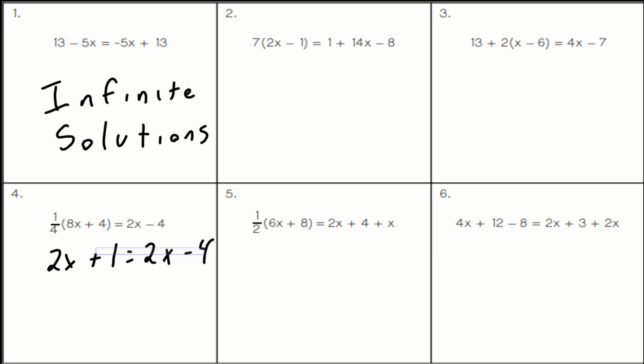I don't have any like terms to combine, so I don't have to worry about that. My coefficients, are they different or the same? Same. What about my constants? Different. So I've got the same coefficients with different constants. That means we got no solution.